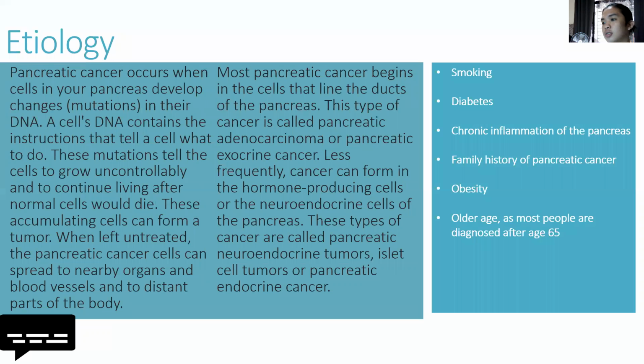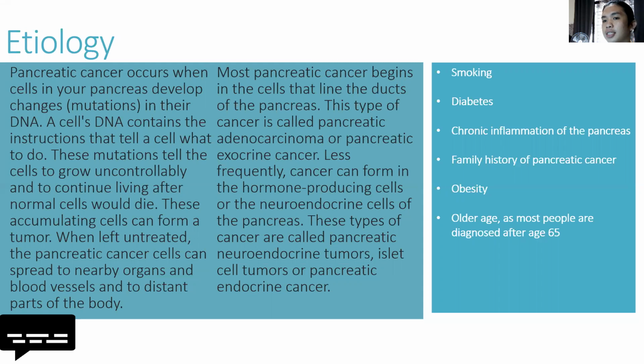So let's discuss the etiology. Pancreatic cancer occurs when cells in your pancreas develop changes or mutations in the DNA. A cell's DNA contains the instructions that tell a cell what to do. These mutations tell the cells to grow uncontrollably and to continue living after normal cells would die.